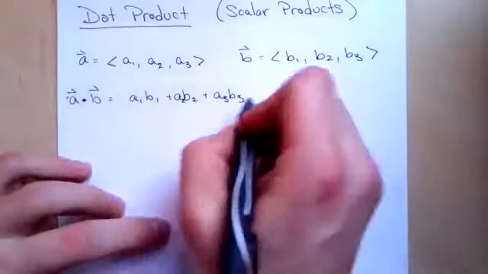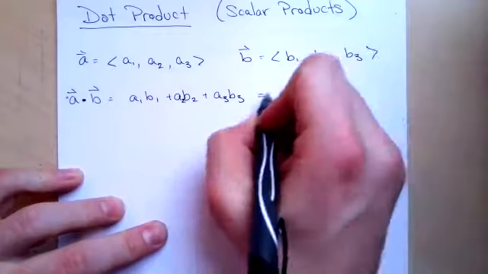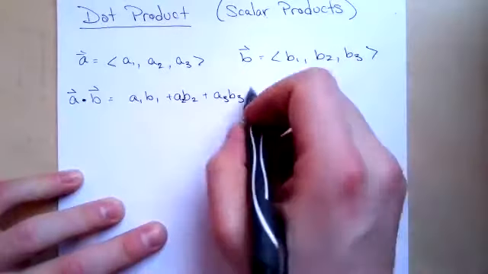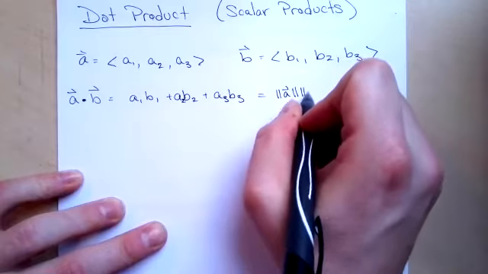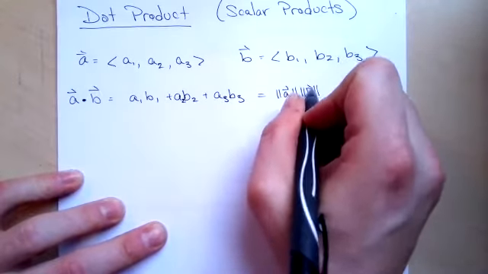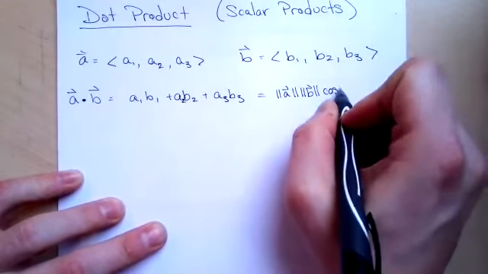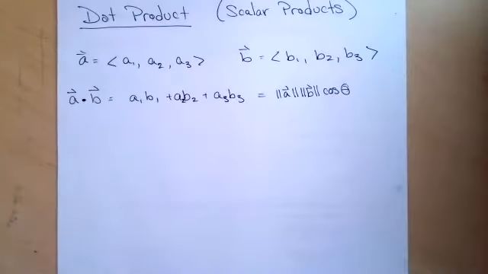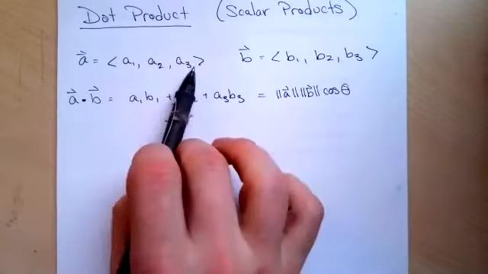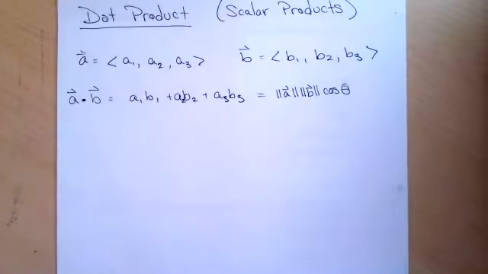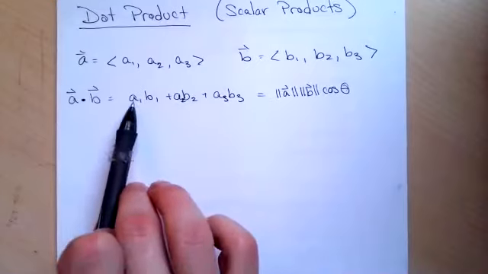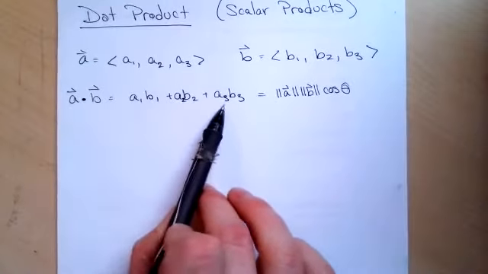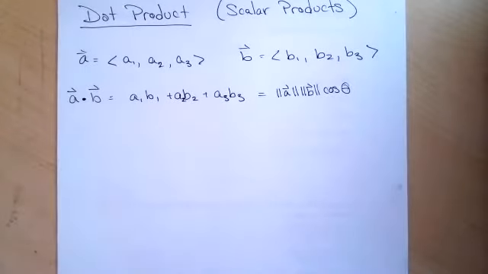And on the notes and in the preview assignment, our other definition is that the dot product is equal to the norm of A times the norm of B times the cosine of the angle between them. On the notes, I think she did it in arbitrary Rn space. So we can always extend this definition to four-dimensional space, five-dimensional space. The algebraic product here is exactly the same.